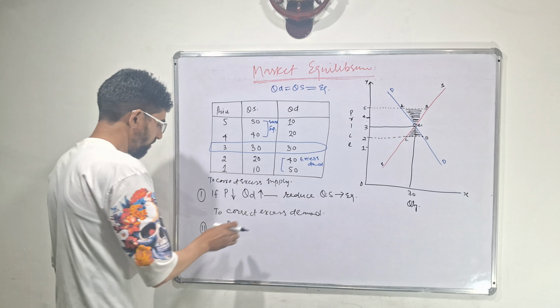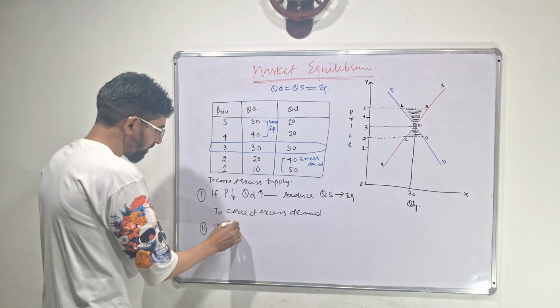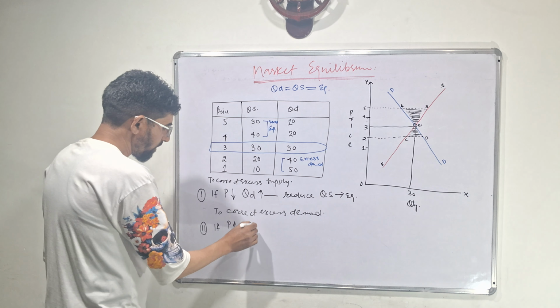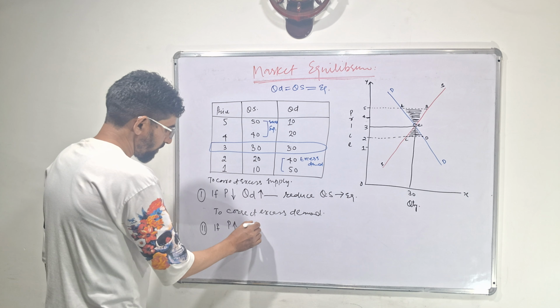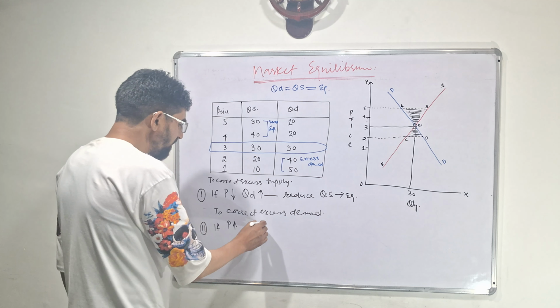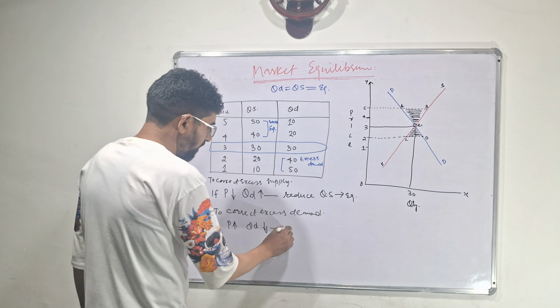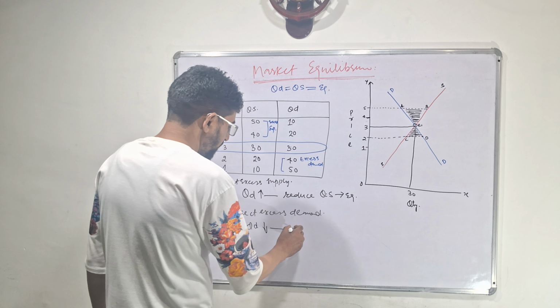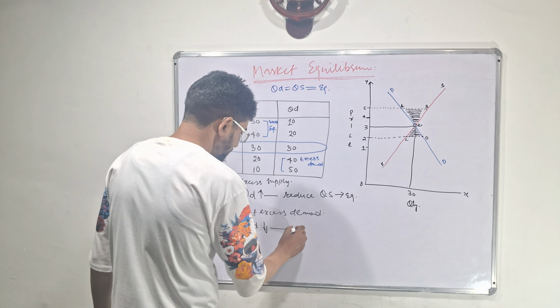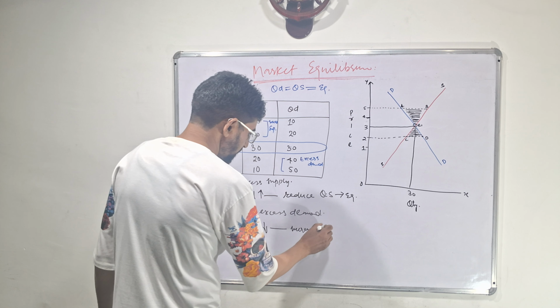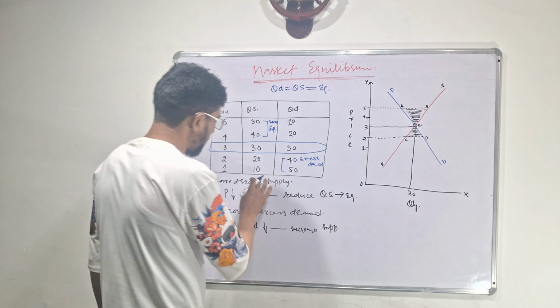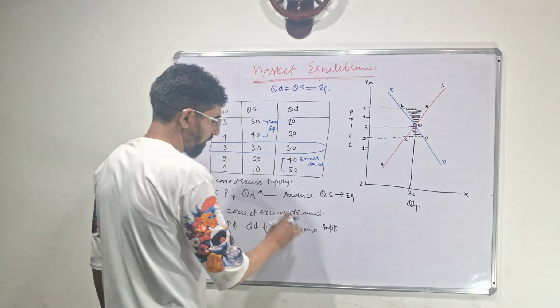Similarly, I will show, if price increases, quantity demanded will fall. This will lead to increased supply. As supply is increased 10 to 20, continuously till we arrive at 30.